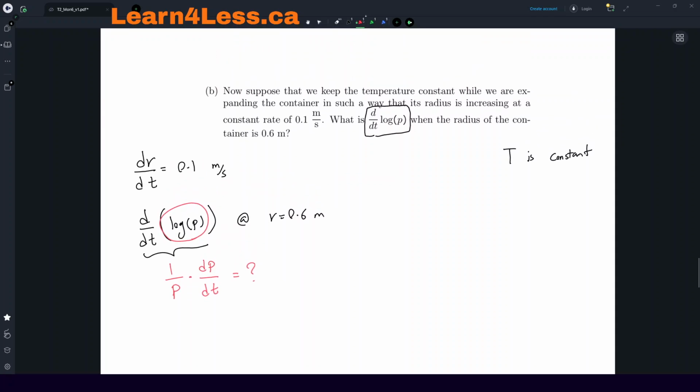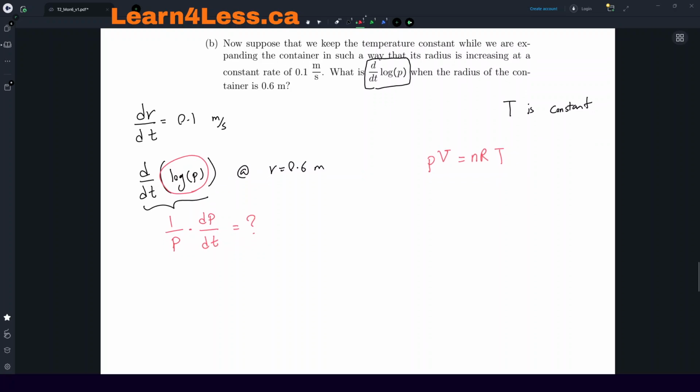Again, I just write some of the equations that we have. pV is equal to nRT, and we know T is constant, R is constant, n is constant, so all of them are constants. Basically, this side is totally constant. So I have the radius, the rate of the radius, and I need the rate of the pressure. How to deal with this?